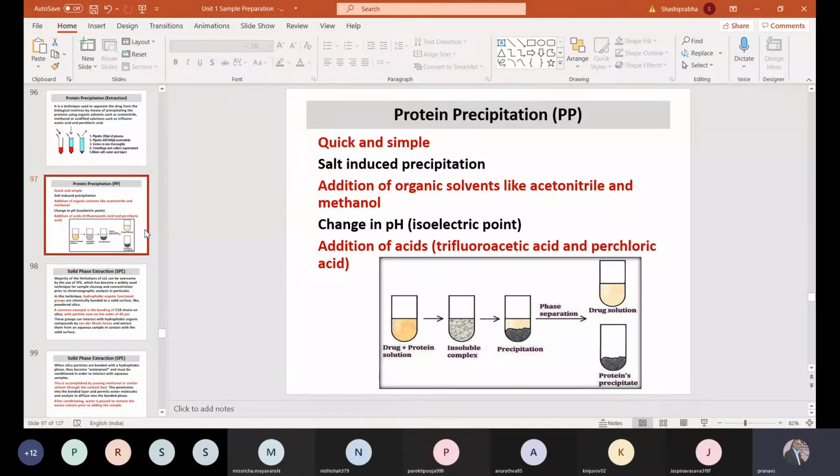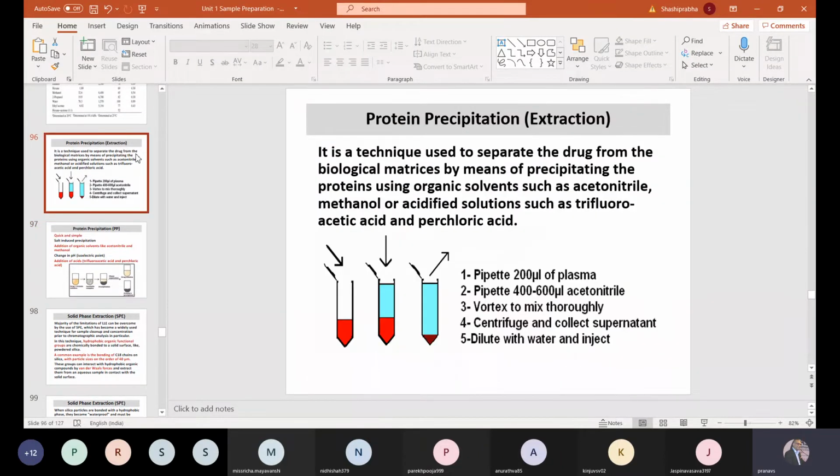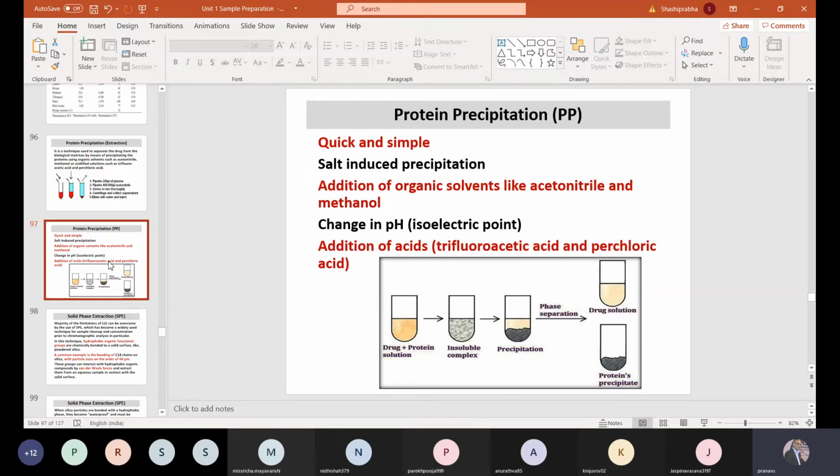And then we studied, of course, protein precipitation, which is not essentially an extraction technique as such, but yes, it is used exclusively for biological samples, and that too to remove proteins from biological samples.